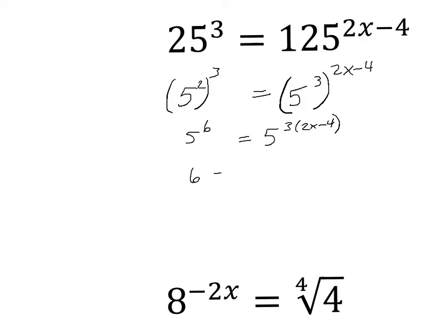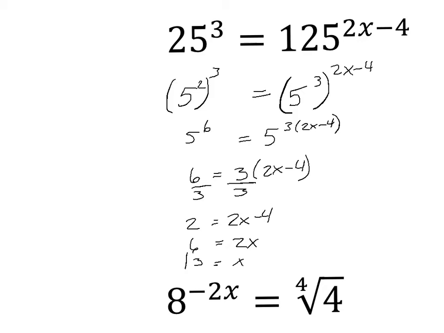So 6 then equals 3 times 2x minus 4. And if I divide by 3, I get 2 is equal to 2x minus 4. And 2x is then equal to 6, and x is equal to 3.